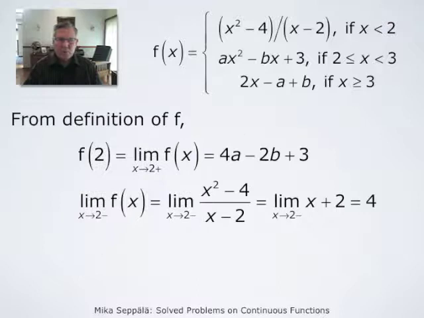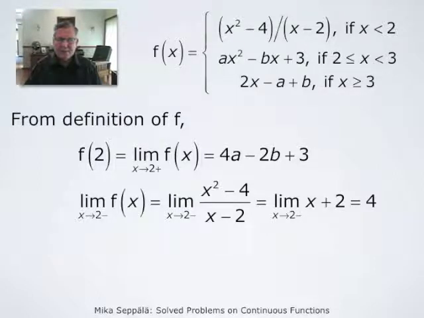So from the definition of f, we conclude that the limit of f of x as x approaches 2 through numbers larger than 2 is the same as the limit of ax squared minus bx plus 3 as x approaches 2. And this is simply computed by inserting x equals 2, so we get 4a minus 2b plus 3. And this is also the value of the function at 2.